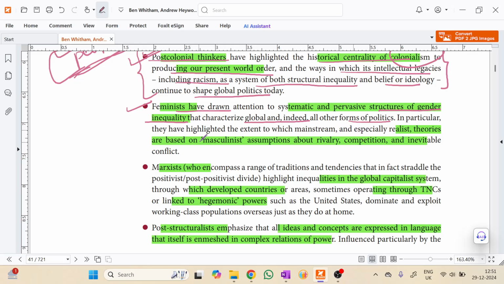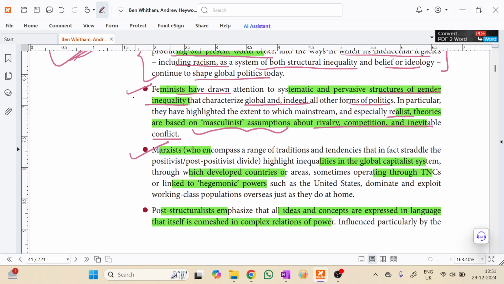And they have opposed realists, especially because the realist emphasis on war and conflict is based on the masculine idea of rivalry, of competition or conflict. Even though talking in practical terms, realists hail war, they eulogize, or you can say they worship war, as a necessary condition.